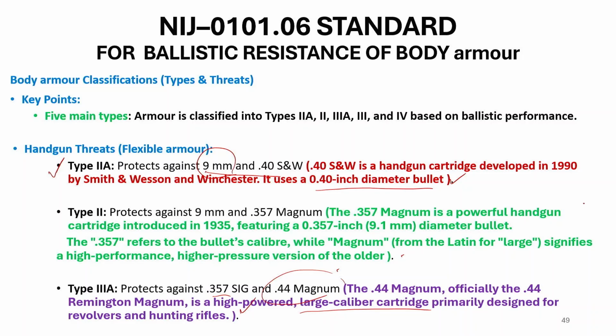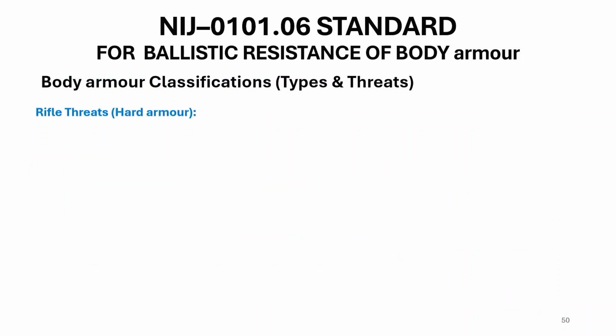So, these are the different types of threats and the protection levels mainly for flexible armor. For the higher threats, that is rifle threats, we need a higher protection level, particularly hard armors.